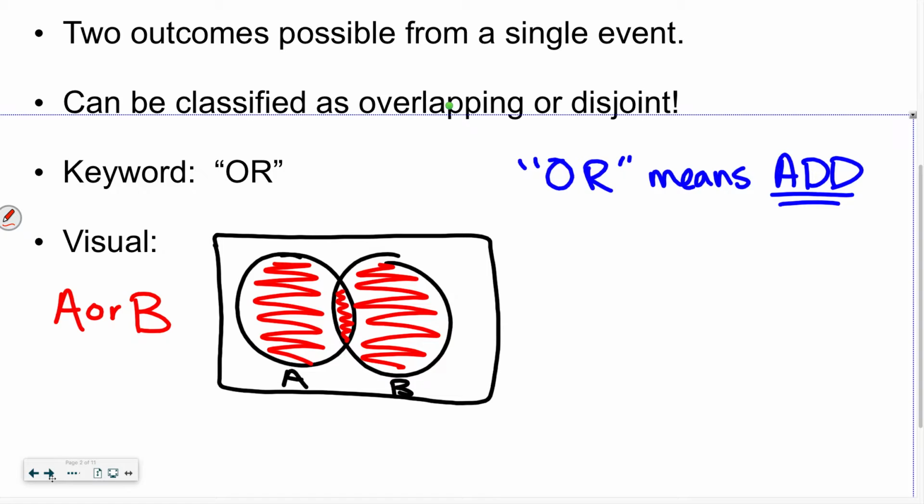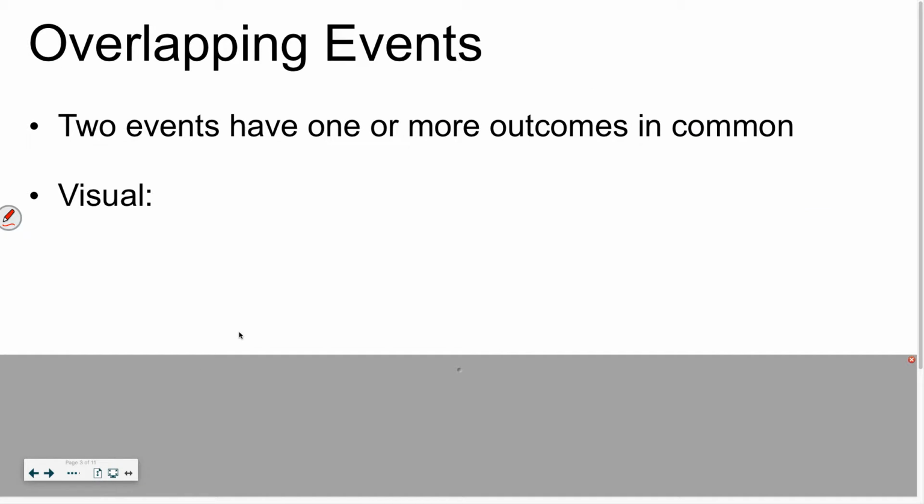Now we're going to talk about overlapping events. You could probably tell from that previous slide what overlapping events look like, where your overlap was. Overlapping events are two events that have one or more outcomes in common.